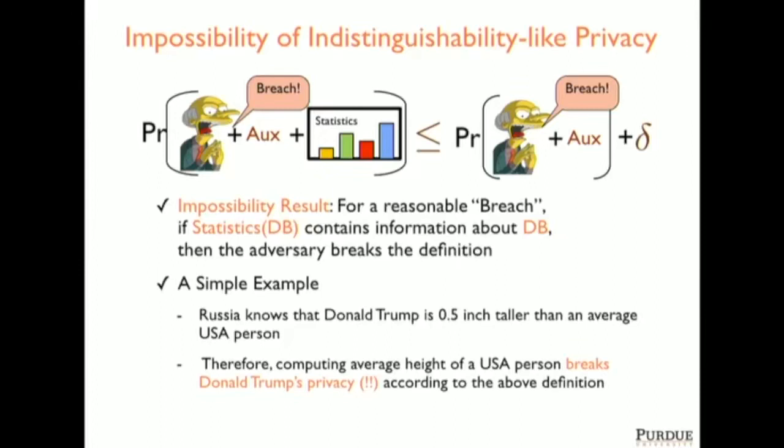Adding the information that Donald Trump is 0.5 inches taller to the statistical answer from the database, we immediately know the height of Donald Trump. So this example shows what can be learned once we add this auxiliary information, which is the difference between the height of Donald Trump and the average US person, and this immediately leads to leaking the privacy of Donald Trump.